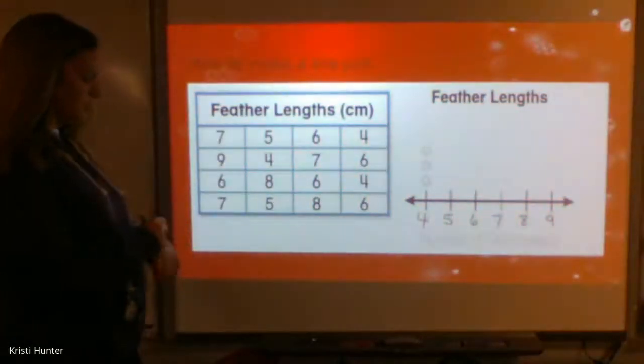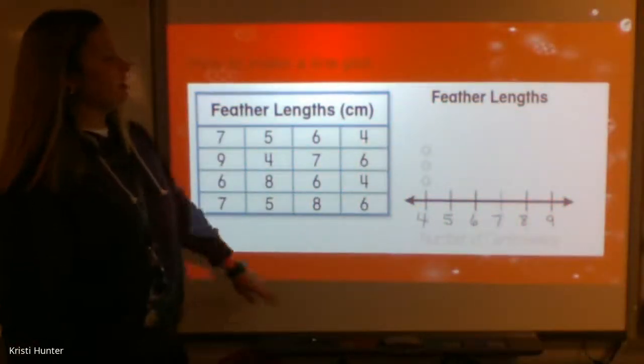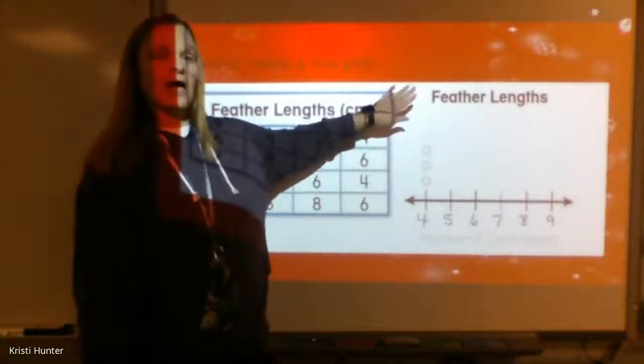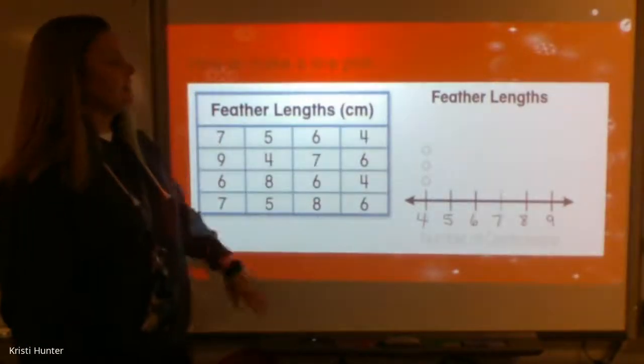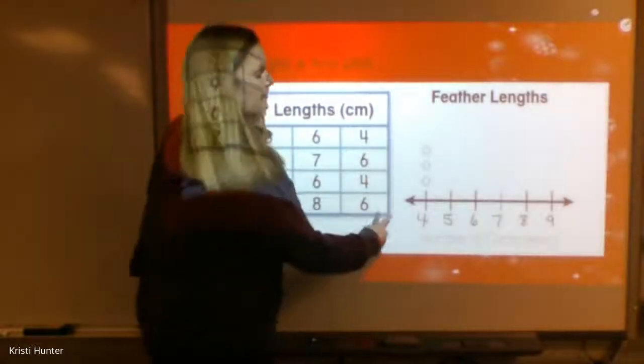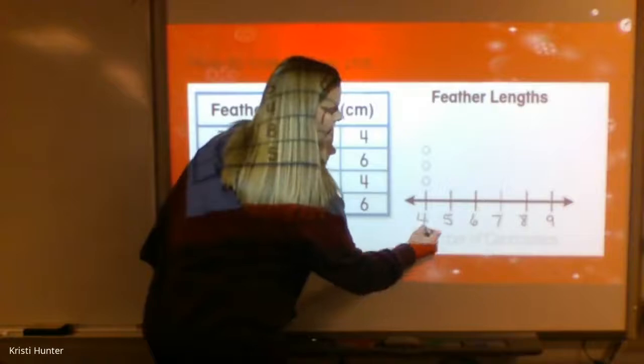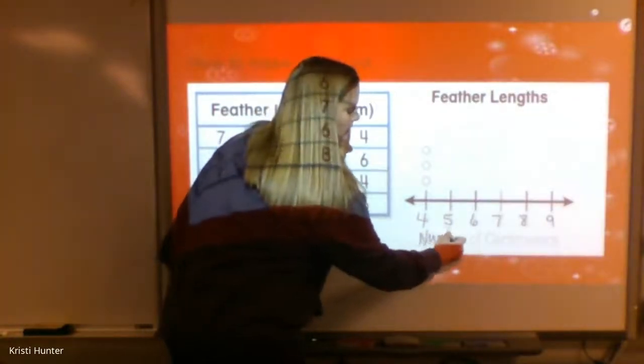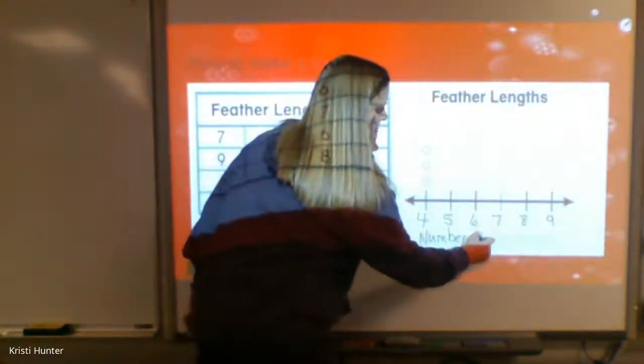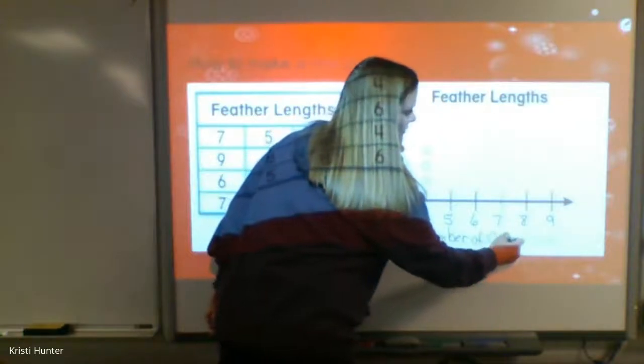And what they're doing is they are telling the lengths of the feathers. So if I take a look down here, these numbers aren't the number of feathers. This is the number in centimeters that the feathers measure.